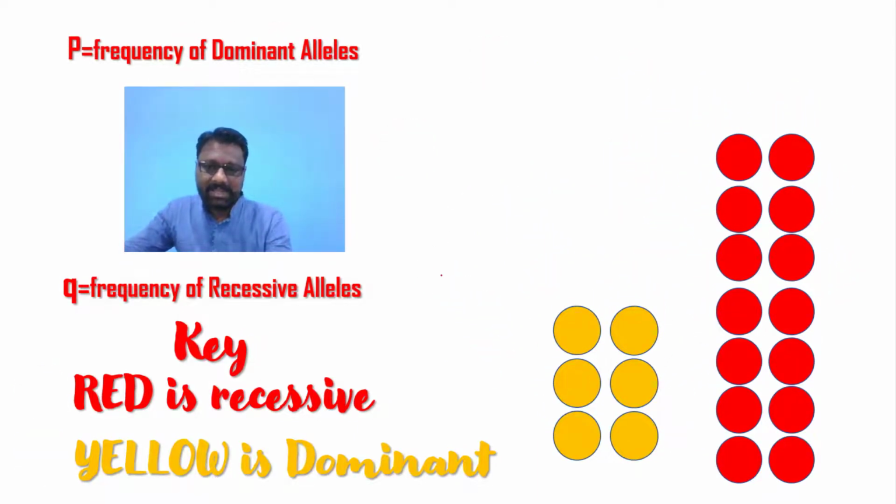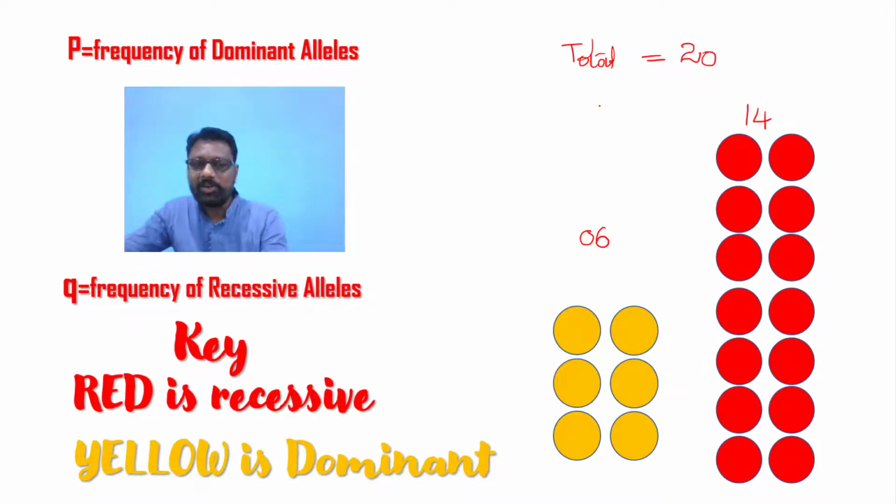Here the number of big R or non-red hair alleles is a total of 6, and the alleles dealing with the red color, or recessive alleles, number 14. So the total number of genes in the population is 20.